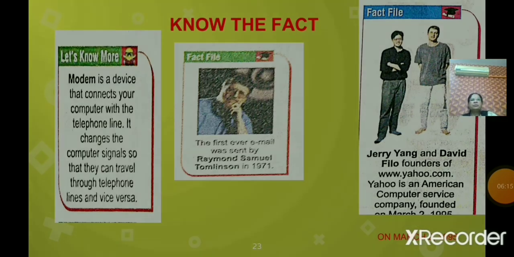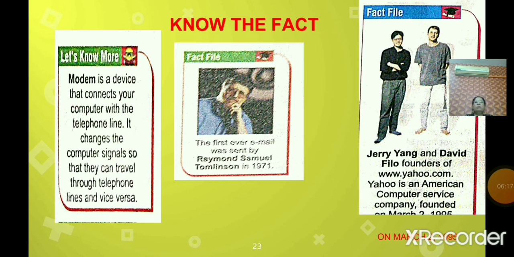Okay. Now, the modem. What is a modem? The modem is a small box that connects your device to the internet using cables. Unlike a router, a modem does not provide your home with Wi-Fi connectivity.